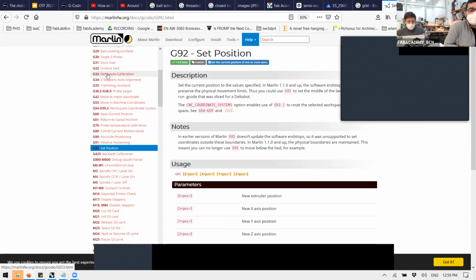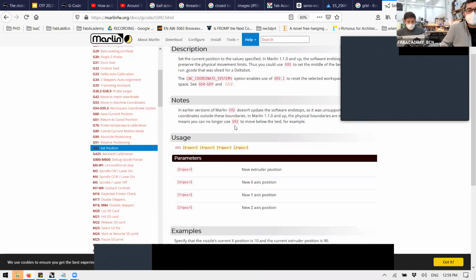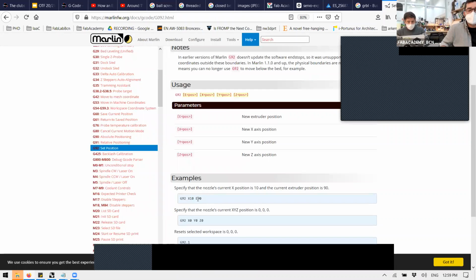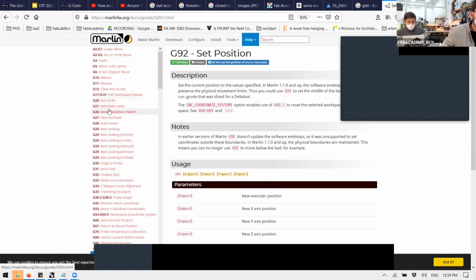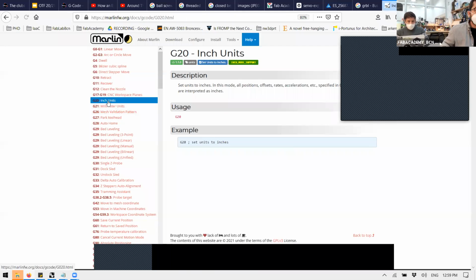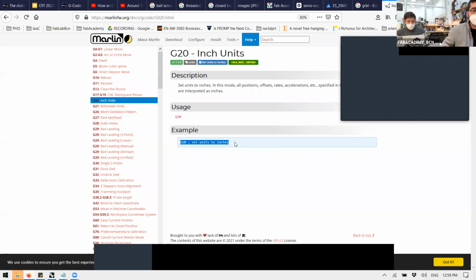G92 actually sets the position, and it explains how to use it with an example. Say you want to set up your file in inches: G20 sets the machine to work in inches.